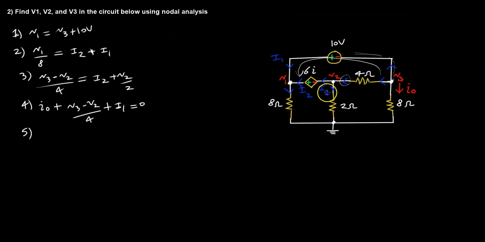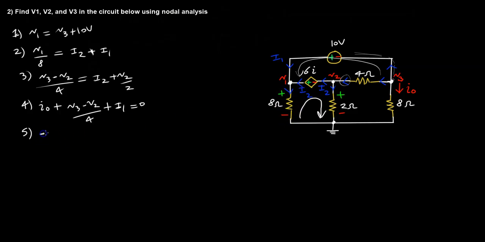supernode. So if I go around in this direction, let's indicate the passive sign convention. We're saying that the currents were going in this direction and we have to stay consistent. There's a voltage drop in that direction. So doing the loop analysis, we get negative V1, because we approach V1 from the negative side.